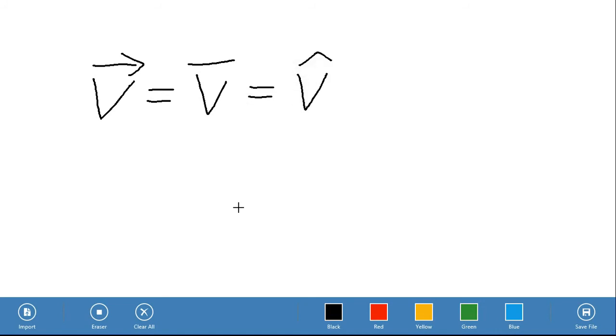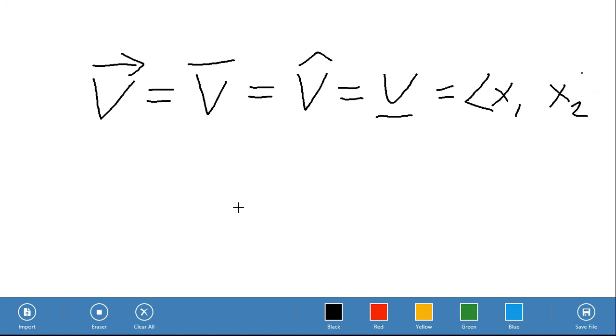It might have a little hat like that, or you'll see something along the top or the bottom that will indicate that it's a vector. And what this is going to be is an x1 value and an x2 value.